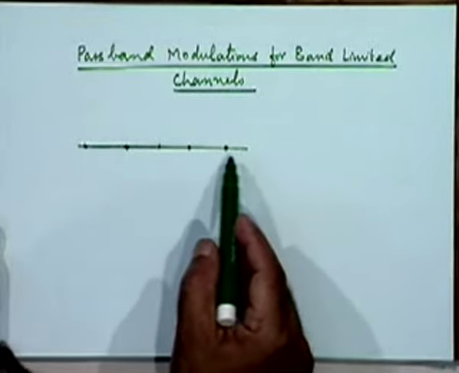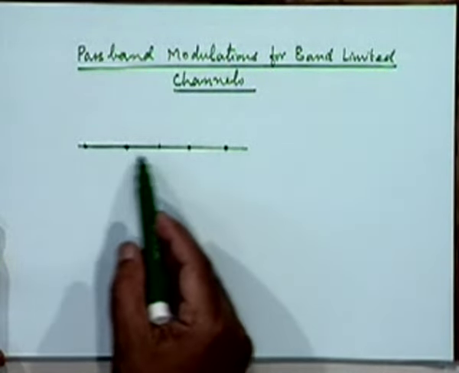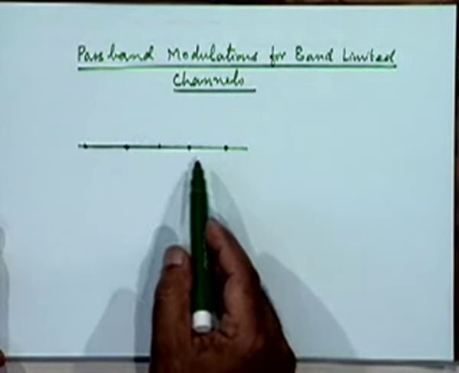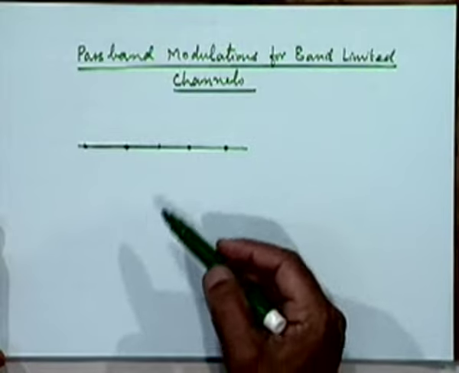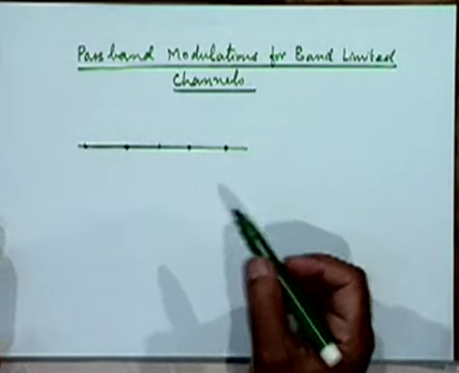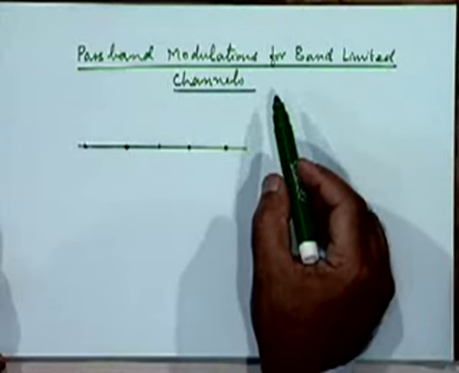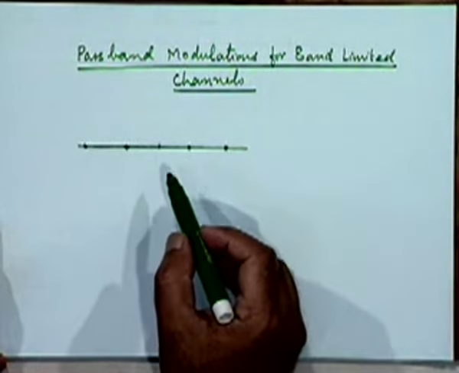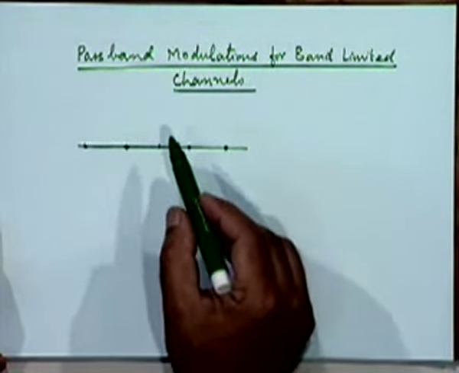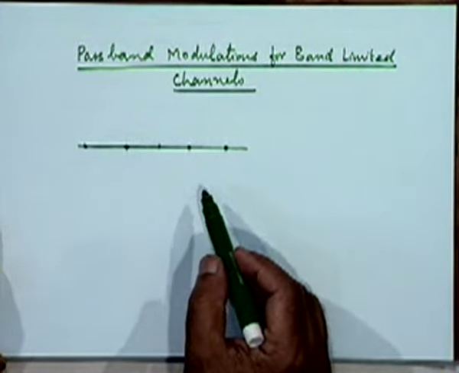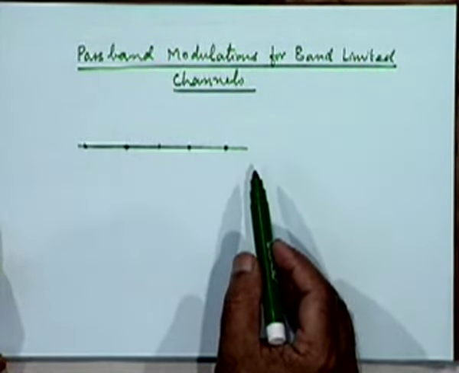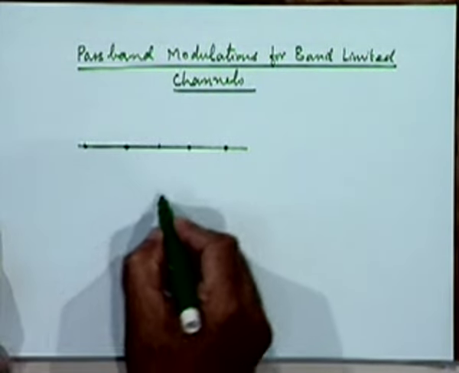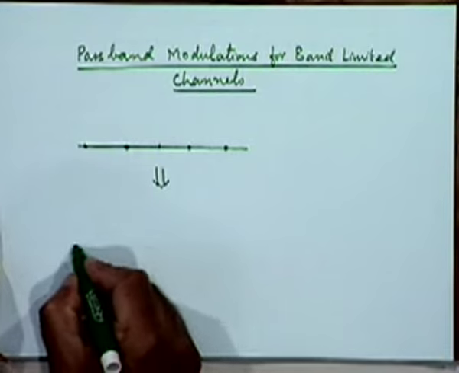So I could have therefore this kind of a constellation independently available on 2 different carriers which are in quadrature, right, and I could combine them into a complex plane rather than on a real line. So essentially the difference between M-ary baseband modulations and M-ary passband modulations would be that I could define now such constellations on a complex plane with real and imaginary axis rather than essentially on a real axis. So the generalization would be therefore to go from here to here.